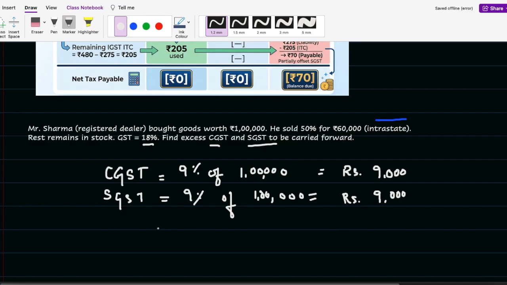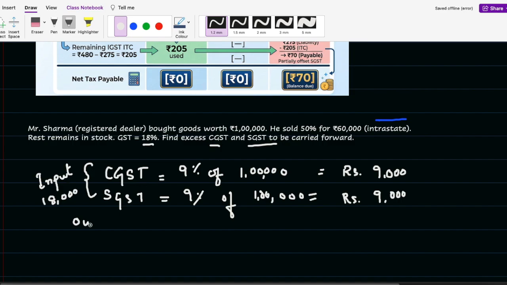However, how much has he sold? Only 60,000. 60,000 worth of goods he was able to sell in this particular month. So what happens? Output GST, input is this much, what he has paid already to the manufacturer. This is 18,000. Input is 18,000.